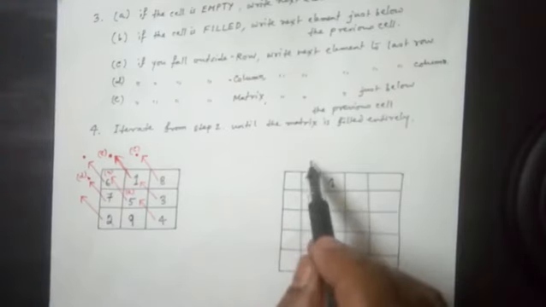Now let us do the same thing in a 5x5 matrix. This is a 5x5 matrix. So I am writing the first element in the first row, mid column, that is 1. Moving diagonally upward, I am coming here. We are falling outside the row, so go to the last row, that is this one.